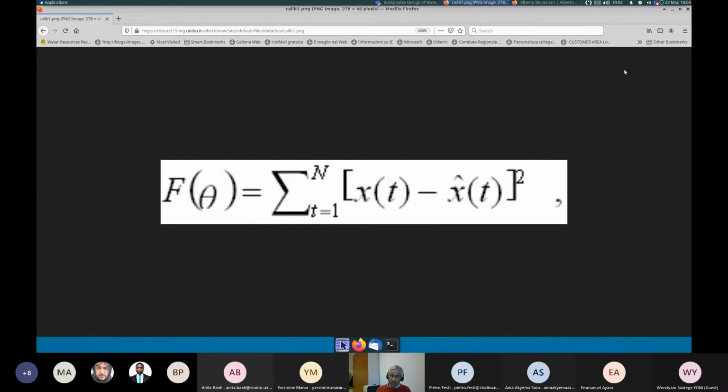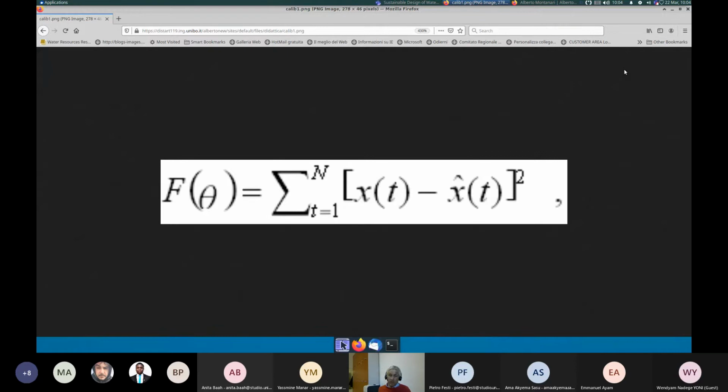And therefore, I obtain a number F, capital F, on the left-hand side, which is a function of what? Of the value of the model parameter theta. And keep in mind, theta may be one parameter, in the linear reservoir it is only one, or, as I said before, it can be a vector of parameters.